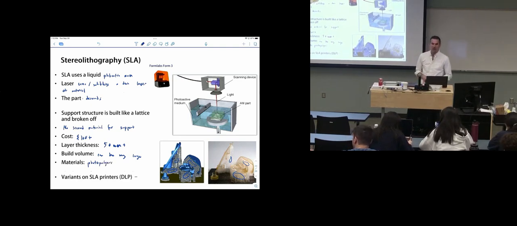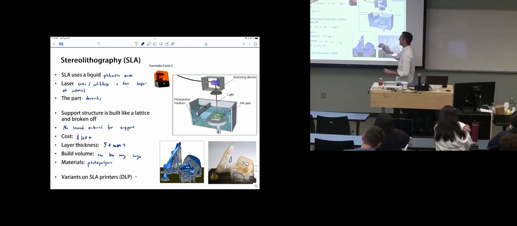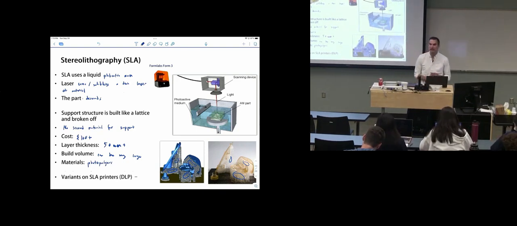And photopolymers can come in all sorts of different colors and durometers, but they all have this photopolymer concept. And there are different variants on SLA printers, one being this DLP version.